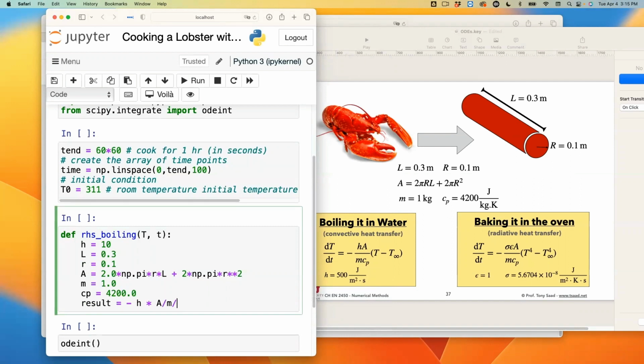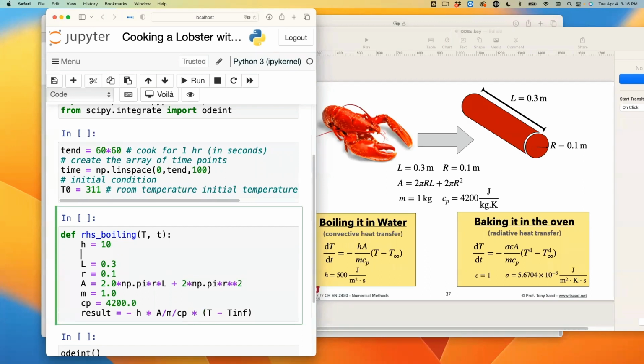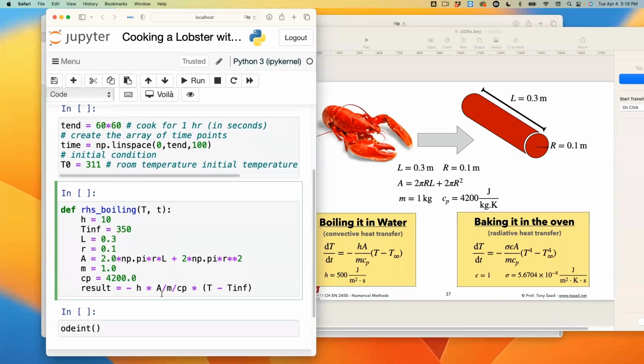Okay, hA over m c_p times T minus T infinity. We didn't define T infinity either. What do you want to put T infinity as, for water? Let's say 350, okay?